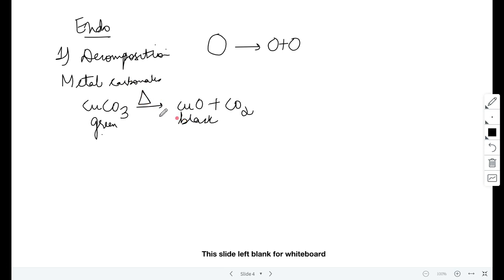Whenever you heat this carbonate, it is going to break into the metal oxide, and carbon dioxide is being produced. So the decomposition reactions, we call them endothermic reactions, because we are using the heat. The heat is being absorbed. You understood? The thermal energy is being absorbed. Is it clear to you? See, you must know these examples, because in direct or indirect way they can be asked.